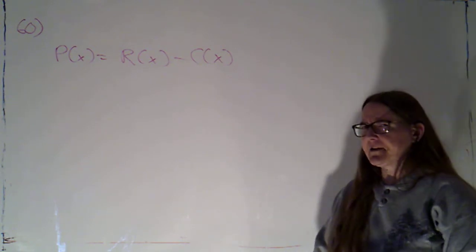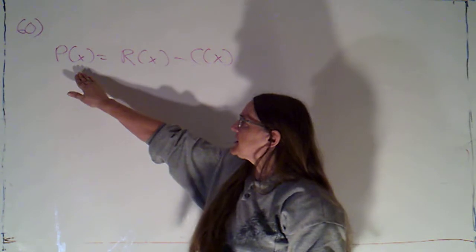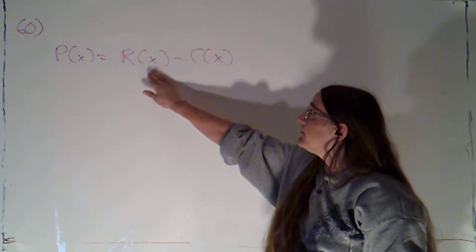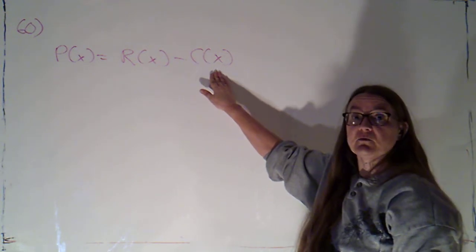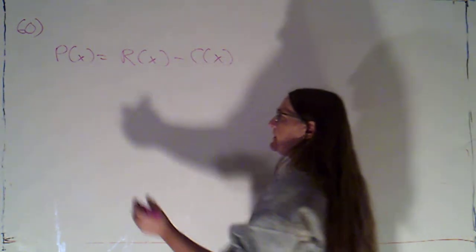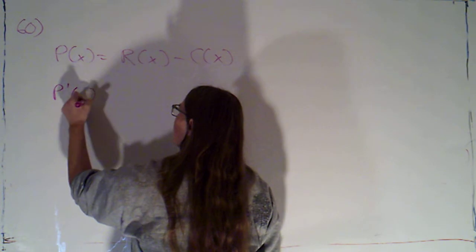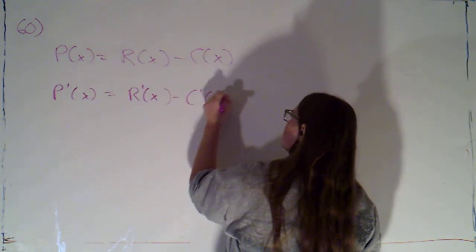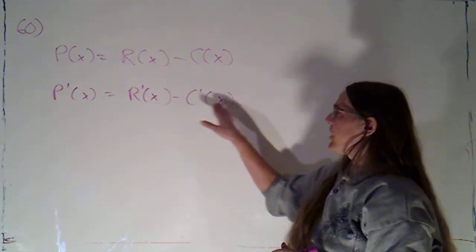Well, let's translate that into math. If we're maximizing profit, that would mean that the derivative of revenue and the derivative of cost would be the same. If I were trying to maximize profit, I would take a look at the derivative, and of course, that would just be R prime minus C prime.